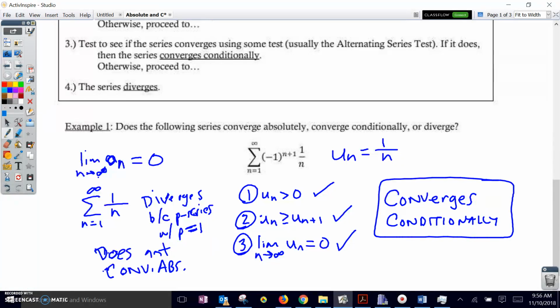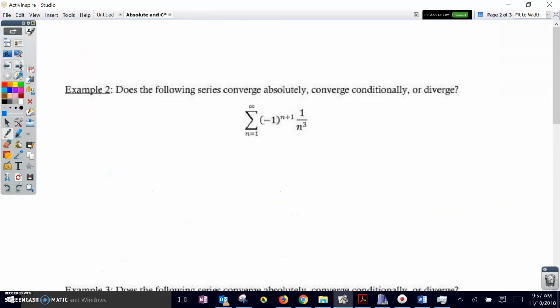All right, let's go on to the next example. Does this series converge absolutely, converge conditionally, or diverge? So we try out the nth term test to see if it diverges. The nth term test does not show divergence because this approaches 0.